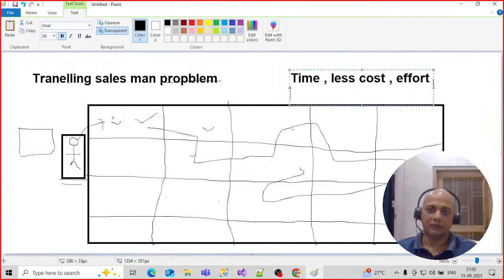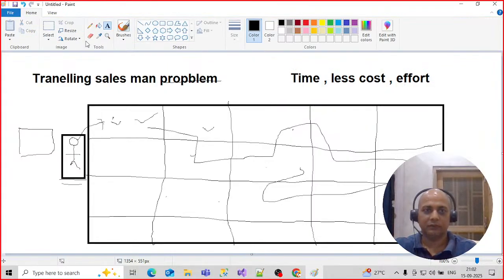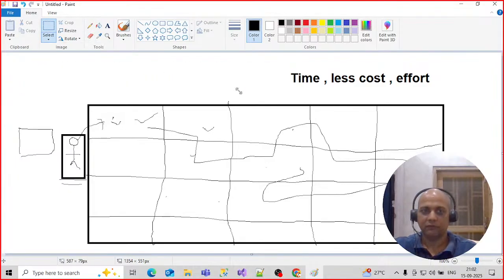And there are certain parameters like traffic jam, diversion, all that, correct? So these kinds of problems you might be solving in graph.